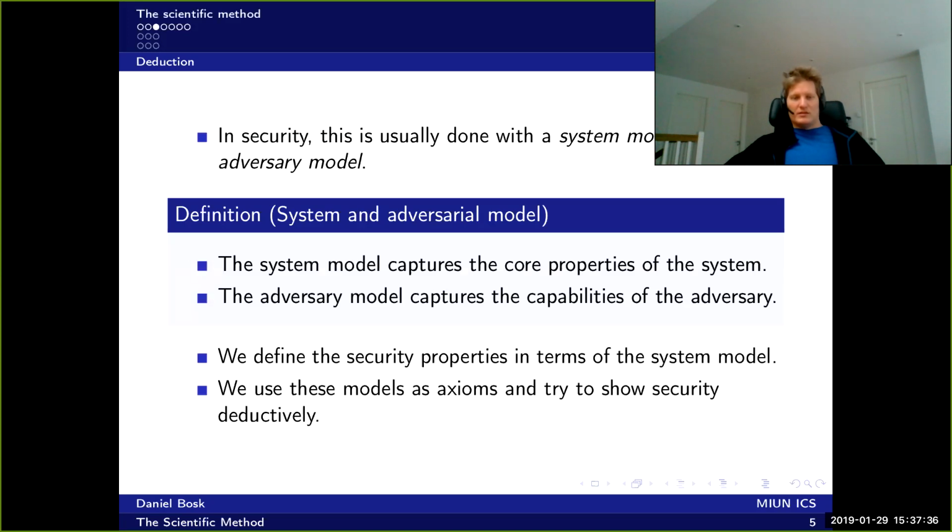Then we use these models as axioms and try to show security deductively. Obviously we need to define the security properties as well.